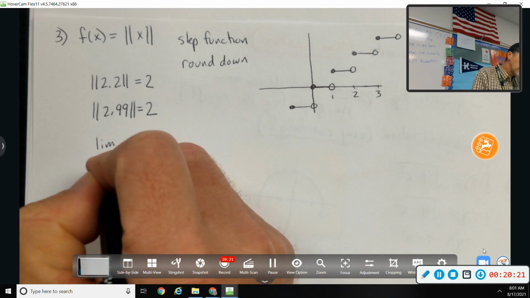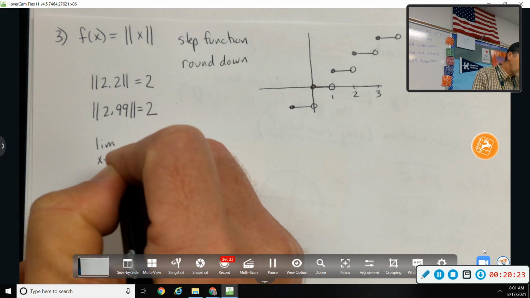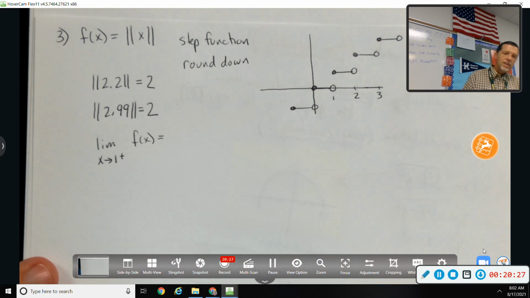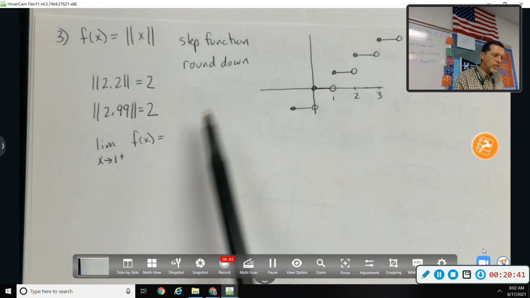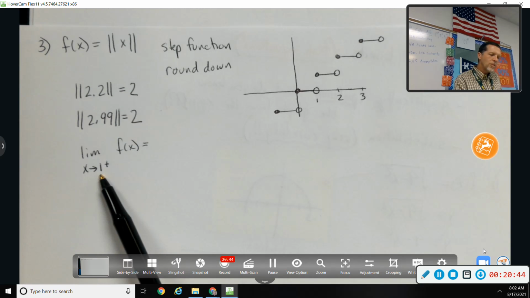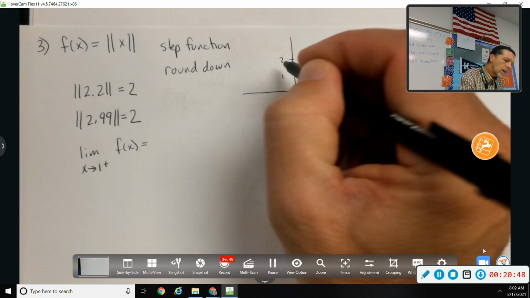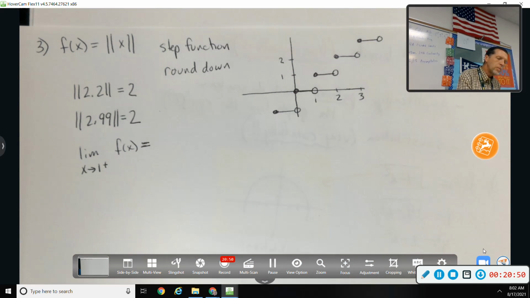So the limit as x approaches 1 from the right, you could look at the picture, or you could kind of do a table even. That means I'd be plugging in things that are a little bigger than 1. Well, let's do it two different ways. Let's look at the picture first. If I'm approaching x equals 1 from the right, can you tell from the picture what that limit will be?